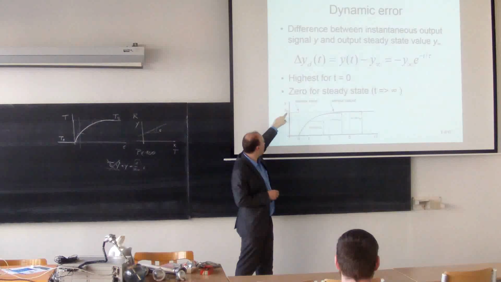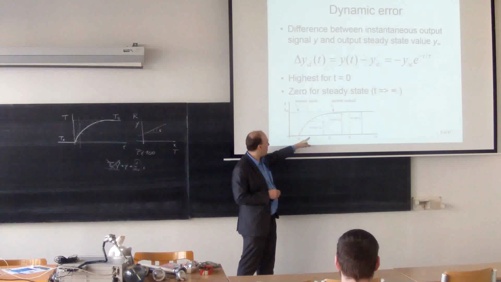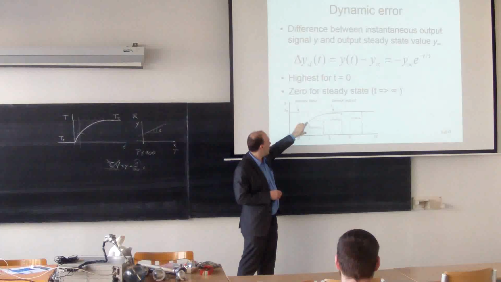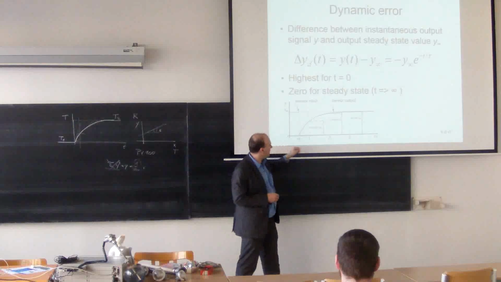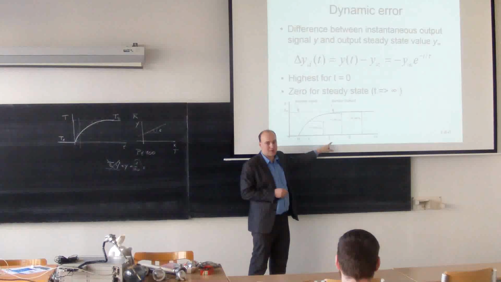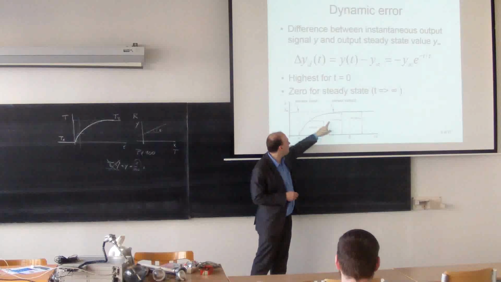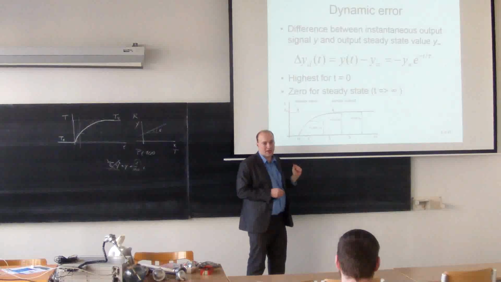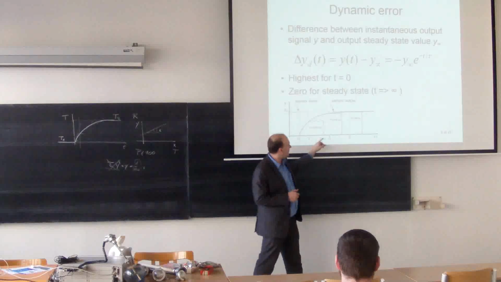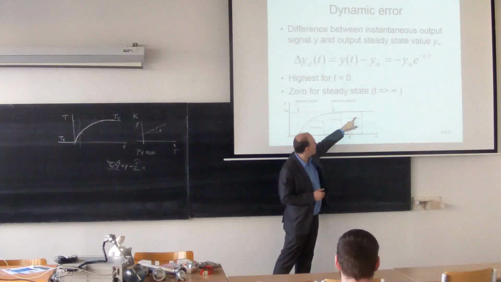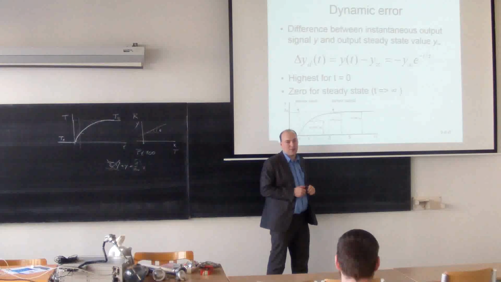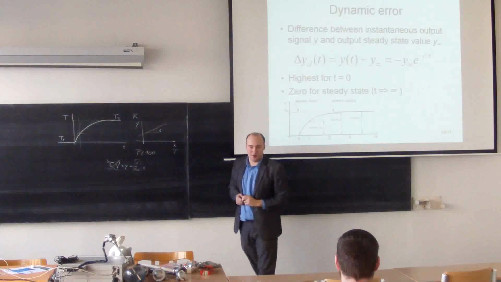If I wait at least 3 time constants, I will be approximately within 95% of the steady state value. And if I wait at least 5 time constants, I will be approximately within 99% of the steady state.